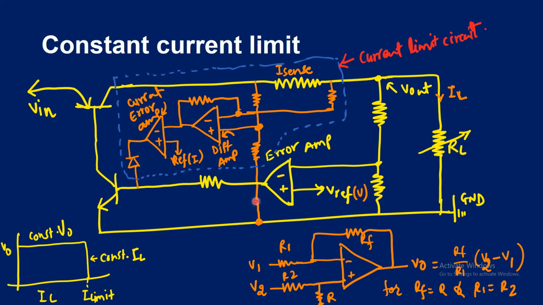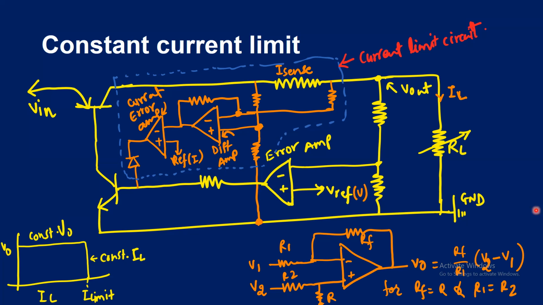We'll see how. When the load current reaches the limit threshold, the output of the current amplifier drops to low. The logic 0 comes here, and it starts sinking the current away from the output of the voltage error amplifier, and this puts the regulator in a constant current mode.